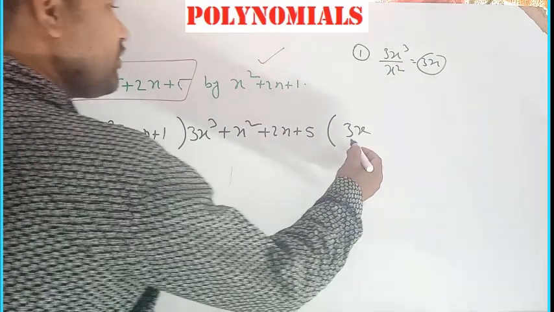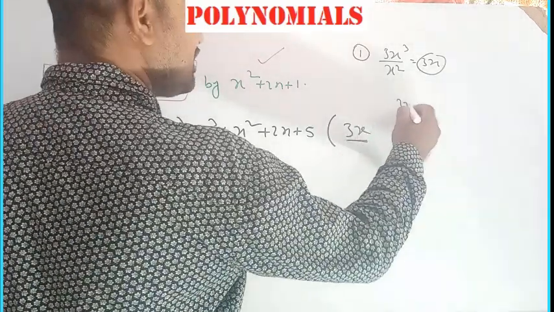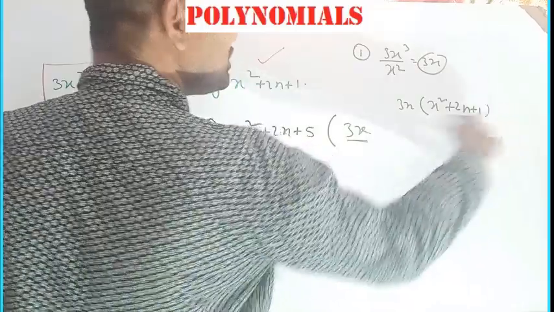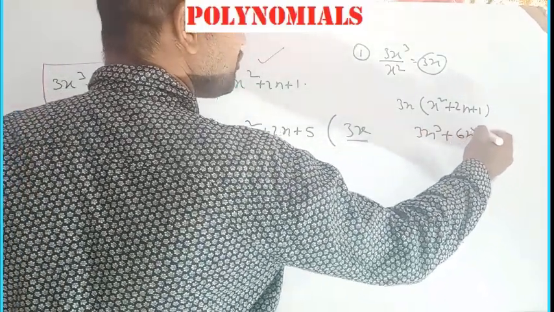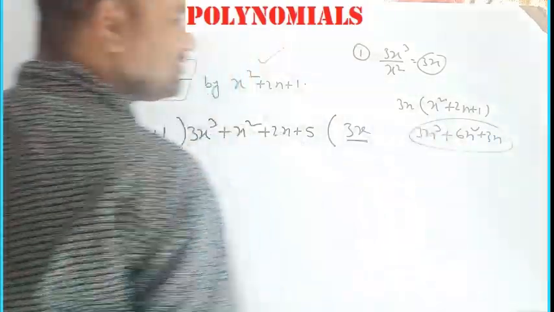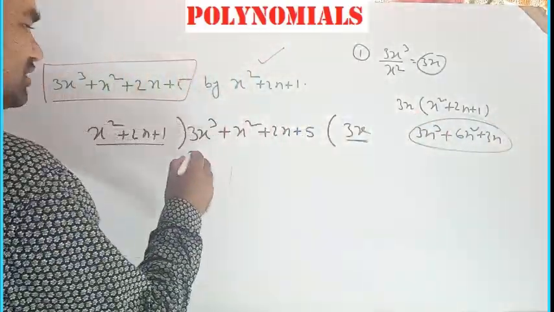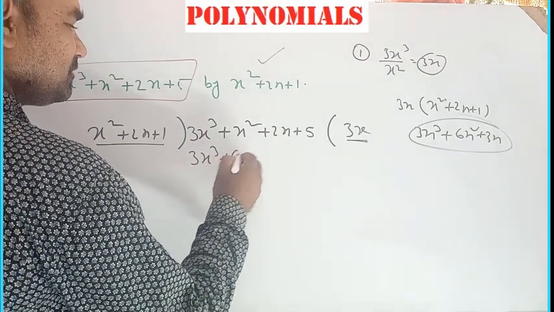Now first term of the quotient should be multiplied by the total divisor. So it is 3x times x square plus 2x plus 1. Just multiplication: 3x cube plus 6x square plus 3x. Now we should subtract this from this by using vertical subtraction method.